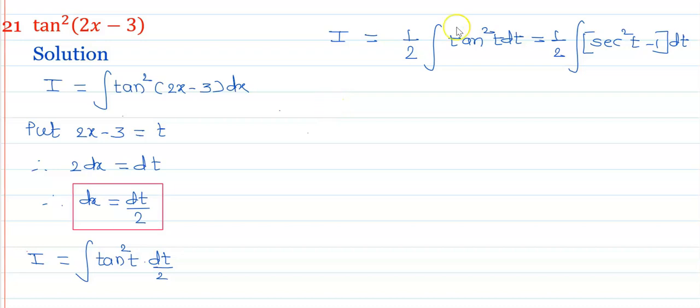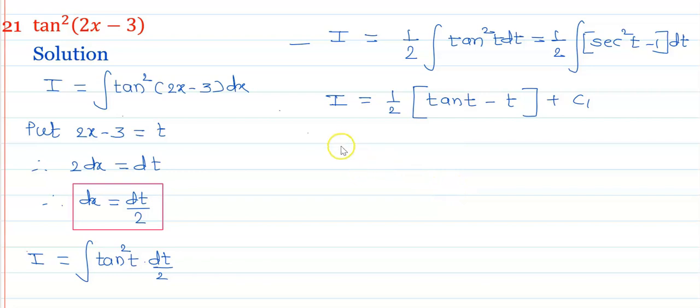Now the integral: here I is equal to 1 upon 2 integral of sec square t minus 1. The integral of sec square t is tan t, and the integral of minus 1 is minus t, bracket complete, plus c1.